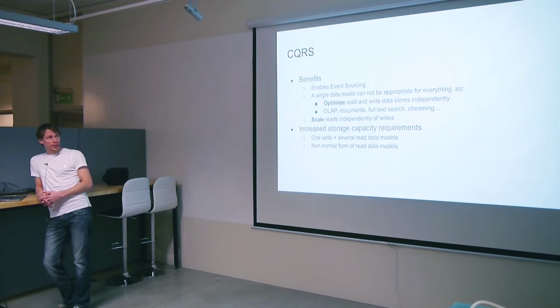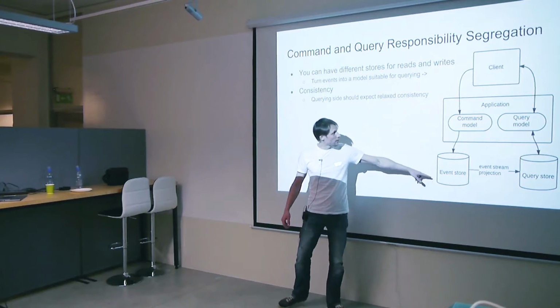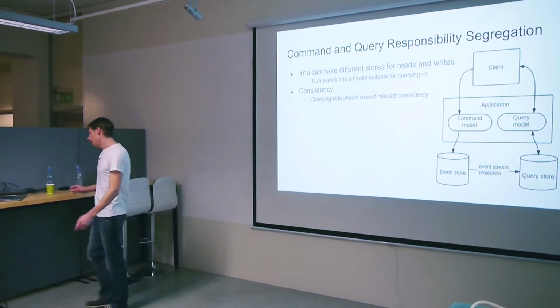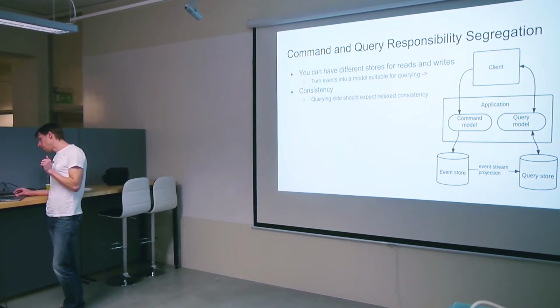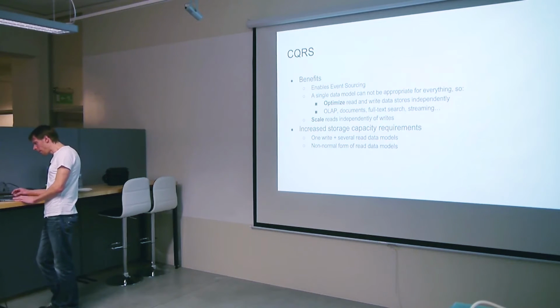For example, if you deem it necessary to have a relational database as your query store, and you think that having data in non-normal form would improve the speed of your queries, then that is what you're going to do, and that won't be a problem, because in the whole system, only the event store would be the single system of record. There would be no conflict in which of the parts of the non-normal form is the truth in case there's a conflict.